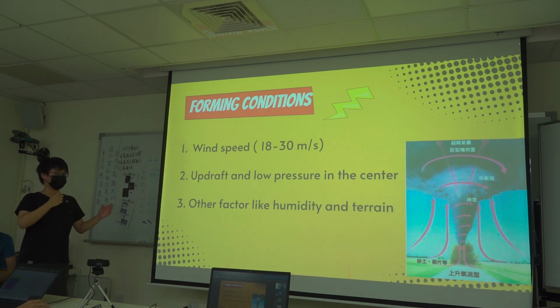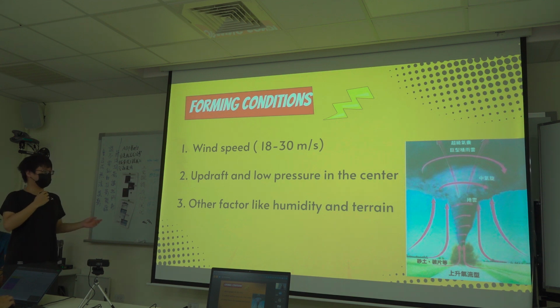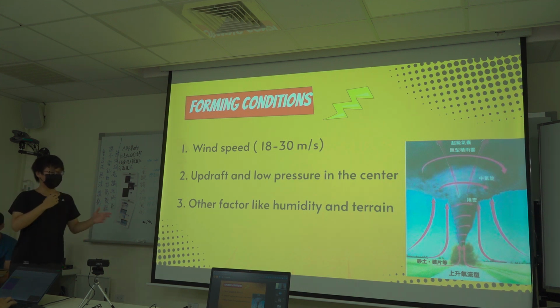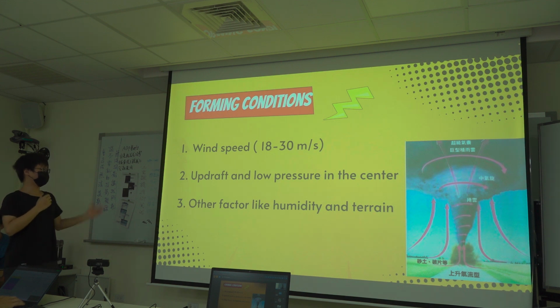So does the tornado have enough velocity to provide enough kinetic energy to blow the enemy in the movie into the sky? So I will introduce the forming conditions for a normal tornado in nature, then we talk about the movie.